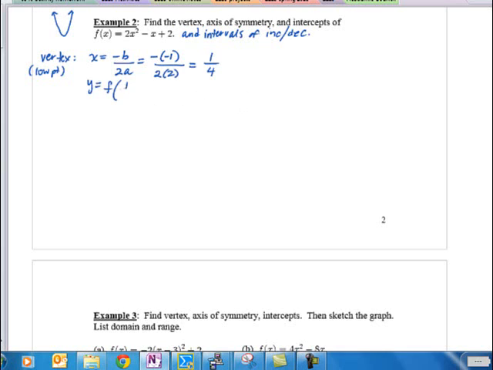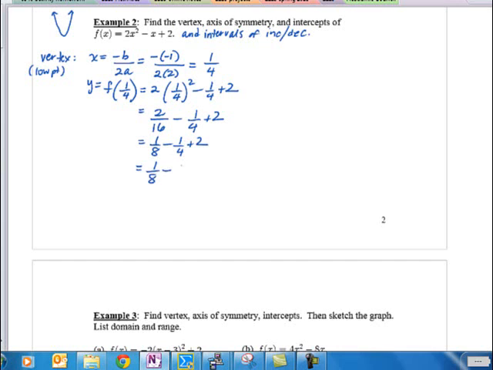This is going to be a little bit ugly, so 2 times a fourth squared minus a fourth plus 2. 1/4 squared is 1/16, so we'd have 2 times 1/16, or 2/16, minus a fourth plus 2. 1/8 minus a fourth plus 2. We could get a common denominator of 8. 1 over 8 minus, this would be 2 over 8, multiply by 2 over 2.